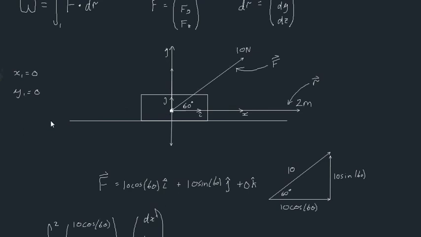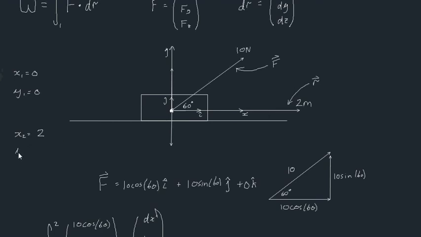But look at x2. It's moved 2 meters to the right. Consequently, x2 will just be positive 2. And sign does matter in this. It's moved to the right in the positive x direction.